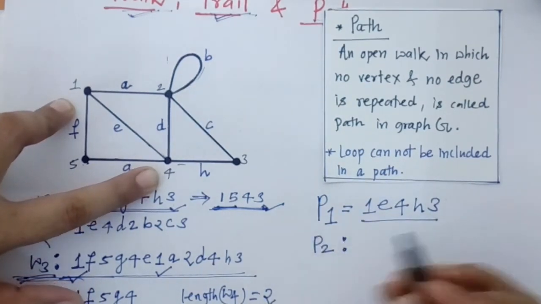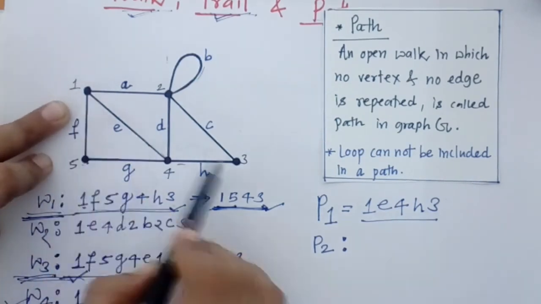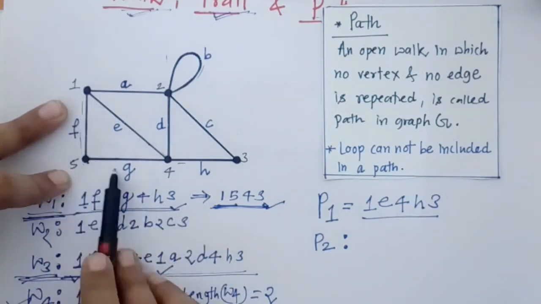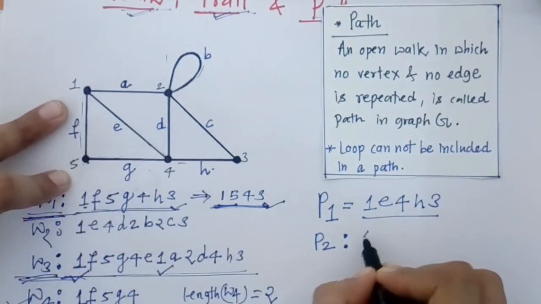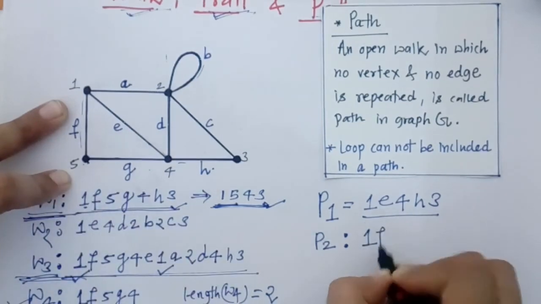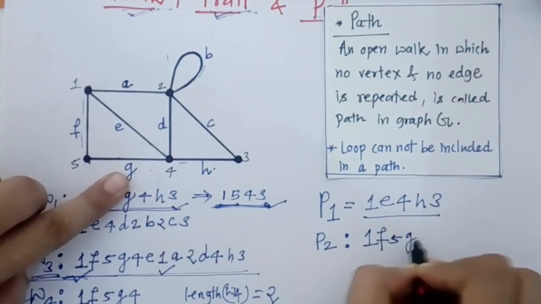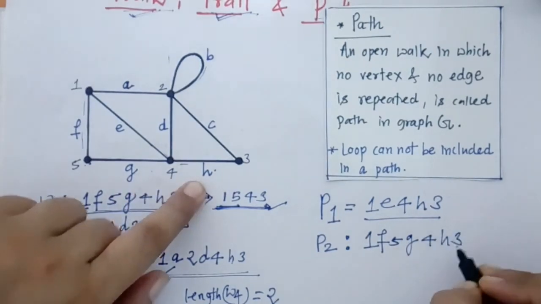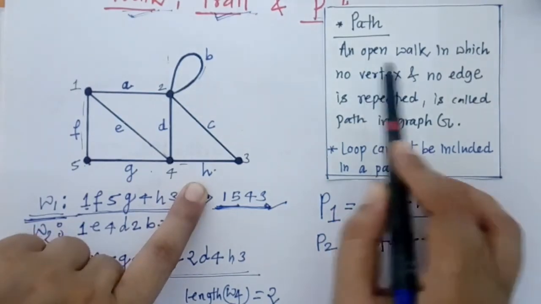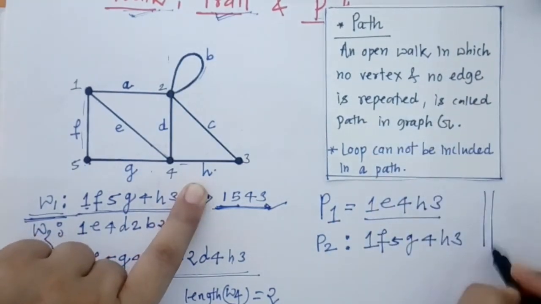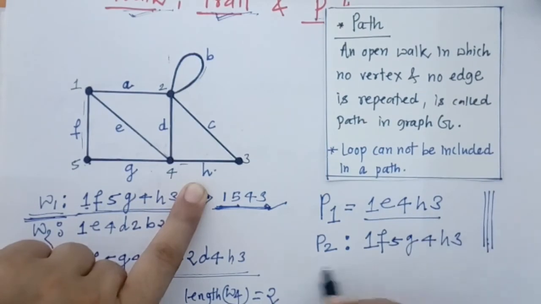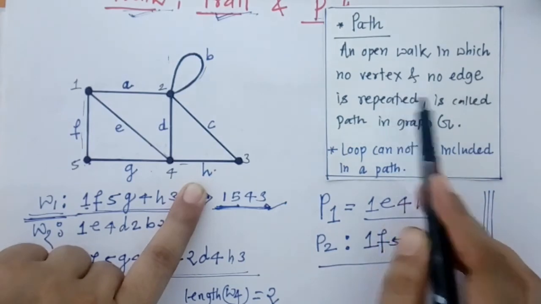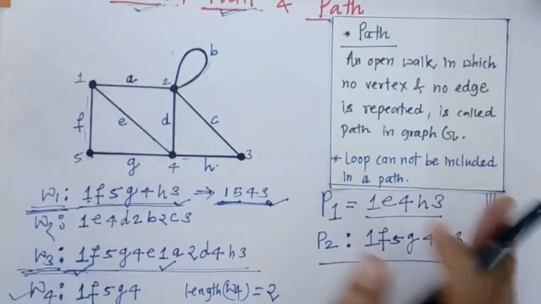Similarly, for P2, the second path from vertex 1 to 3, we can travel by edges F, G and H: vertex 1, then edge F, then vertex 5, then G, then vertex 4, then H, and the ending vertex 3. Path is an open walk, which means this is also a walk, but the restriction is that we don't repeat any edge or any vertex.